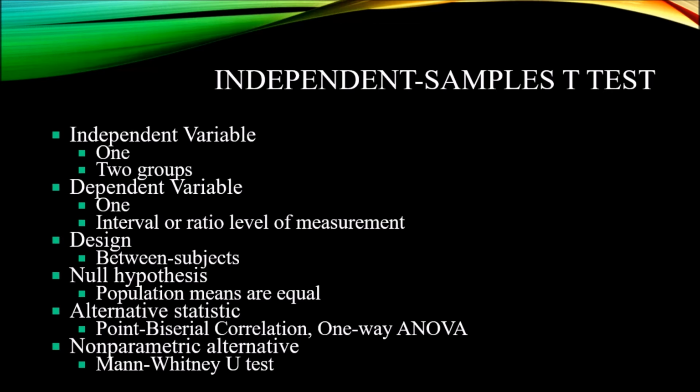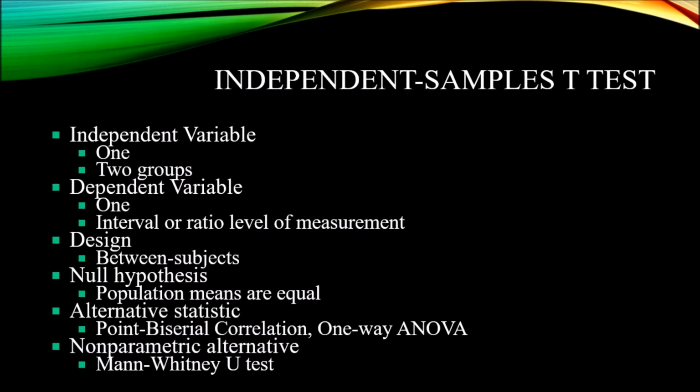Now moving on to the independent samples t-test. Here, under independent variable, you just have one independent variable and only two groups, and these are two unrelated groups. You also have one dependent variable, measured at the continuous level of measurement. So the same variable requirements we see for the point-biserial correlation.